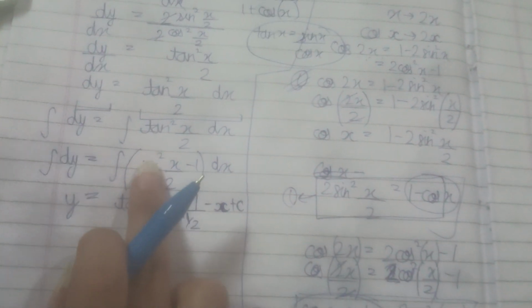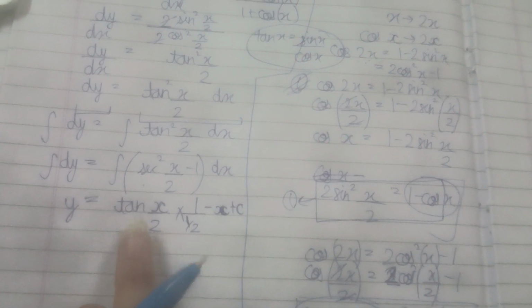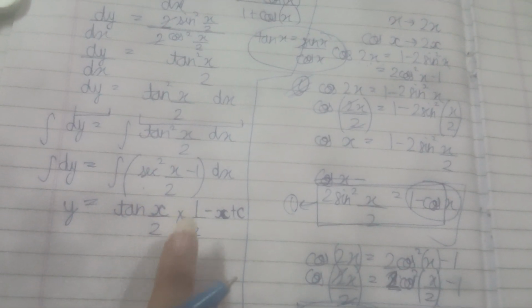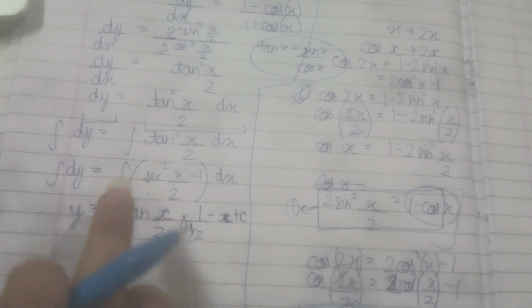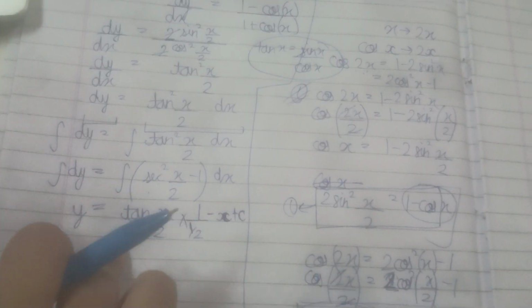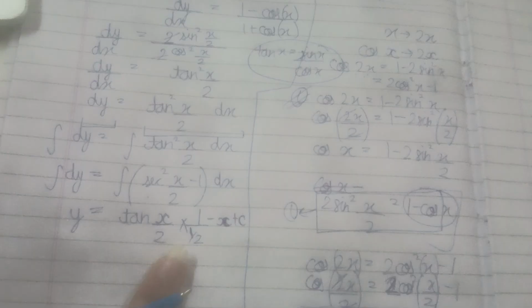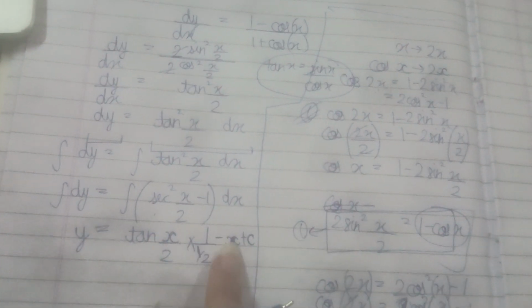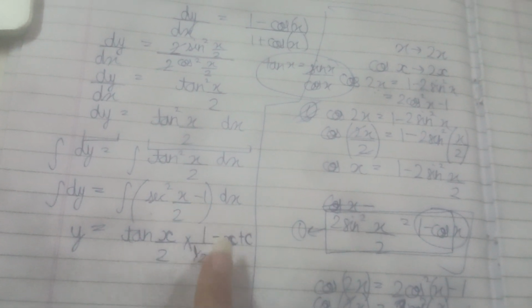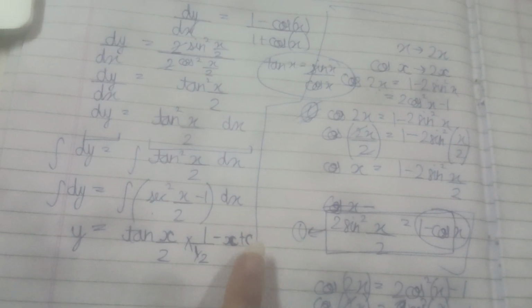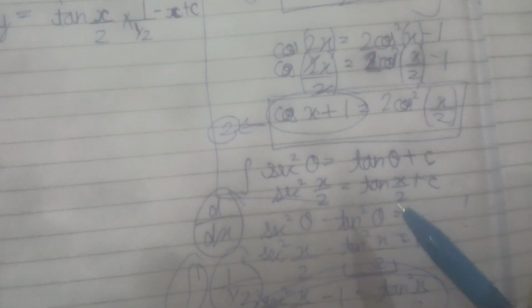The integration of sec square x by 2 is tan x by 2, and since it's integration, you have divided by 1 by 2. That is the only difference. Minus x plus c, since integration of 1 is x.